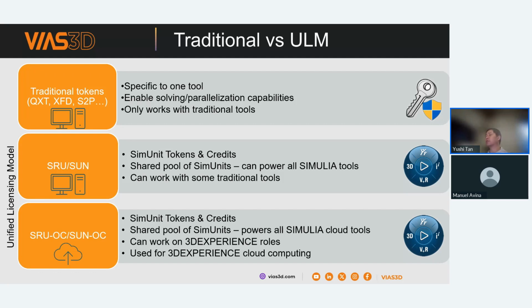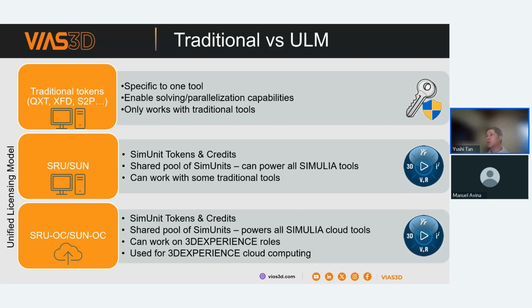Abaqus run, etc., right? Now, it does enable you to use parallel computing to speed up the simulation, provided that you have the corresponding tokens, right? So it only works with traditional tools, and a lot of times it's a standalone installation where the licensing is dedicated, and you cannot do anything else outside of that tool.